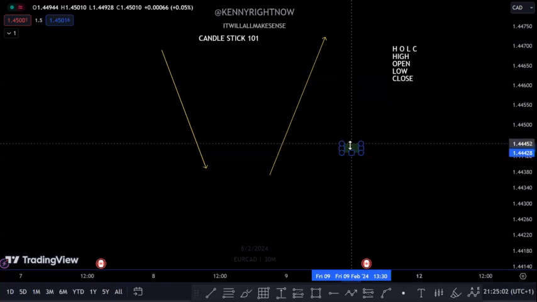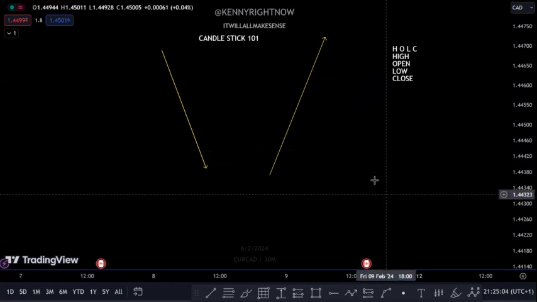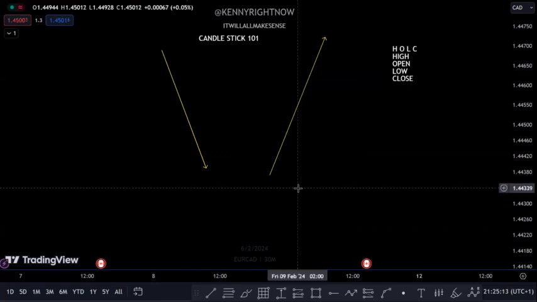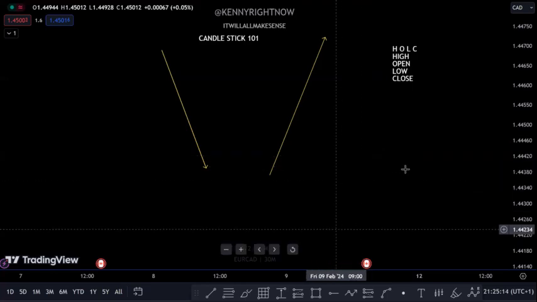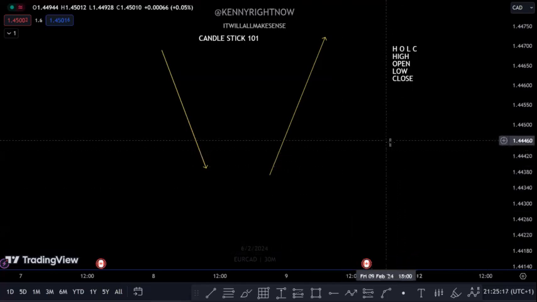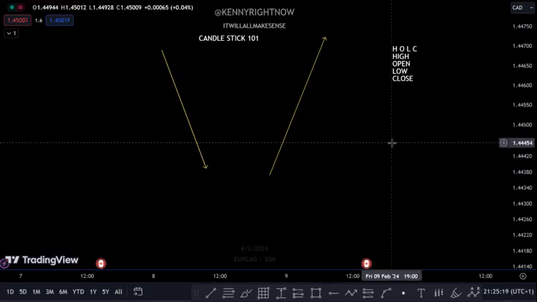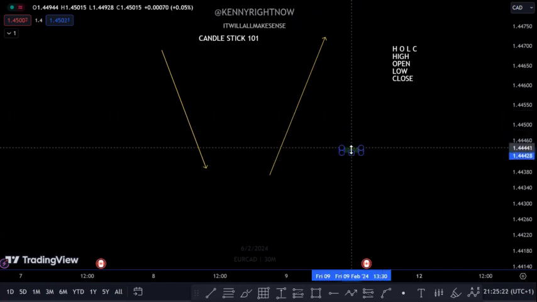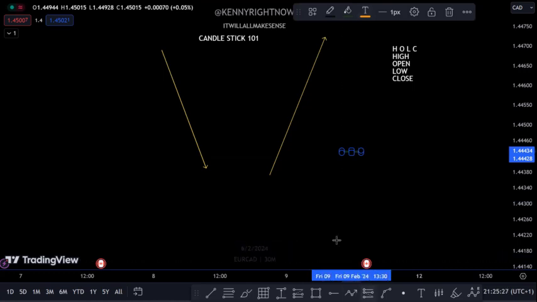Now, the moment the market opens, this is the candle, right? Okay, this is it. The moment the market opens, it begins right here. So the first thing we have right now is the open. Do you get?